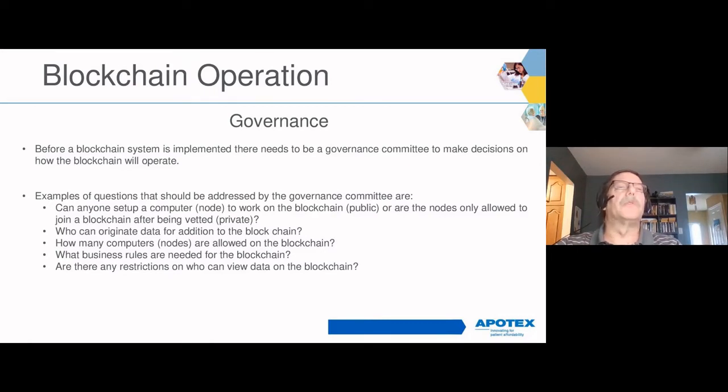How many computers or nodes are allowed on the blockchain? There's usually both a minimum and a maximum number. Because the more computers you have on a blockchain, the better it is at security.